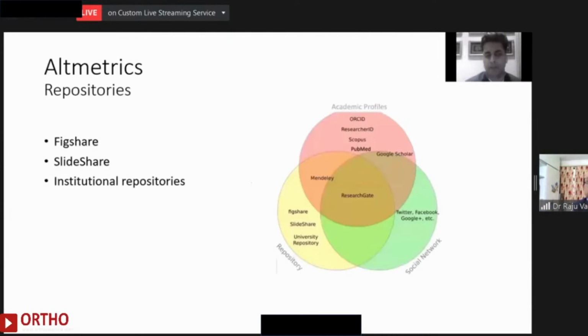Now, repositories really help because many times you may not have the whole article, but you may have just a presentation being shared in the university or the library being open, and that has been utilized and seen by people who want to access your data or your presentation or your publication, either through entire figures or just through slides.